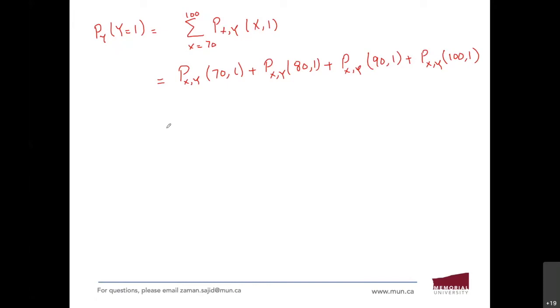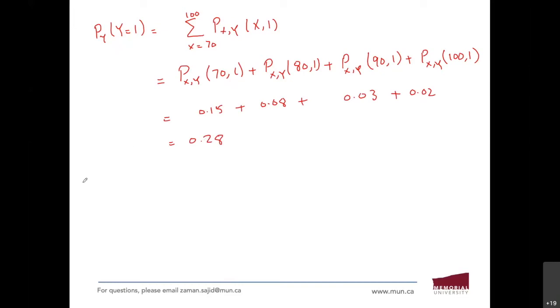Now again from the same table, once you find out the values, it will be 0.15 plus 0.08 plus 0.03 plus 0.02. And this answer comes out to be 0.28.